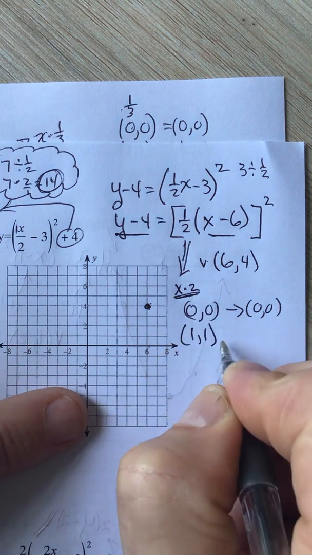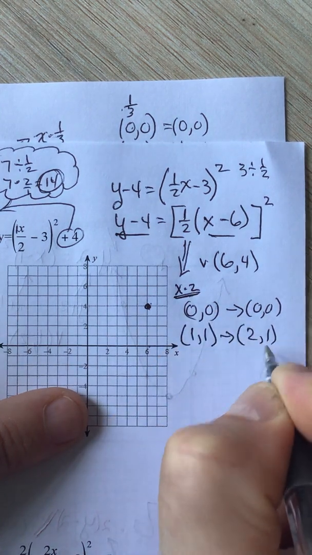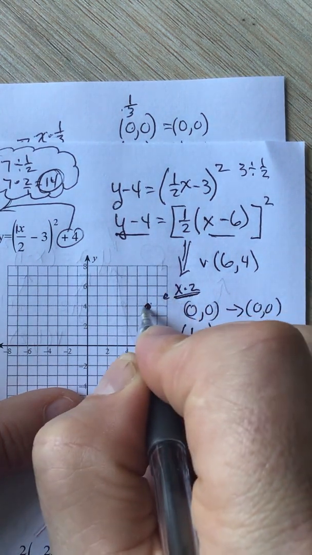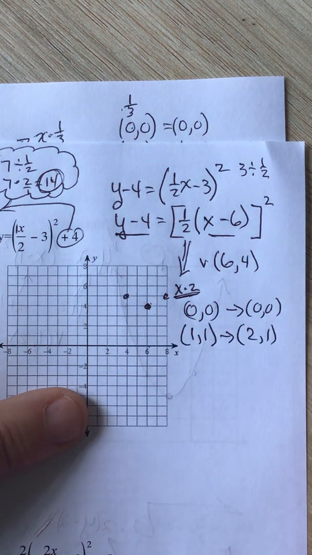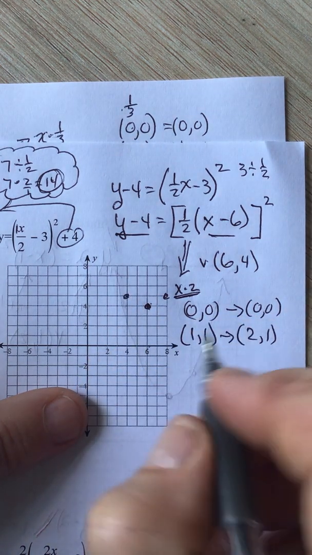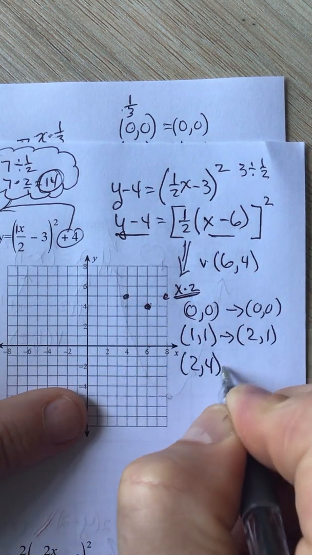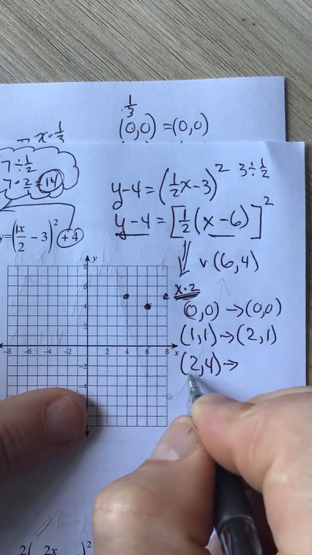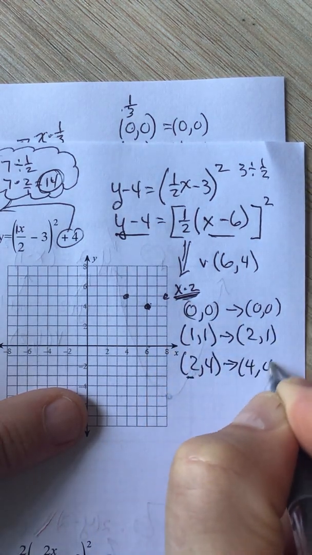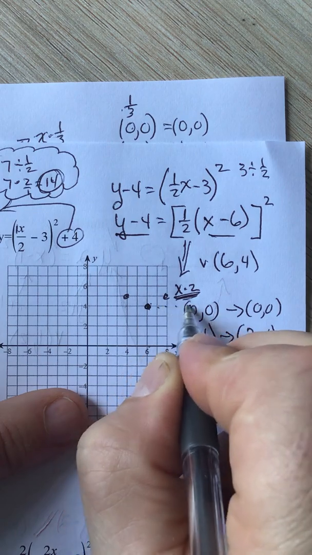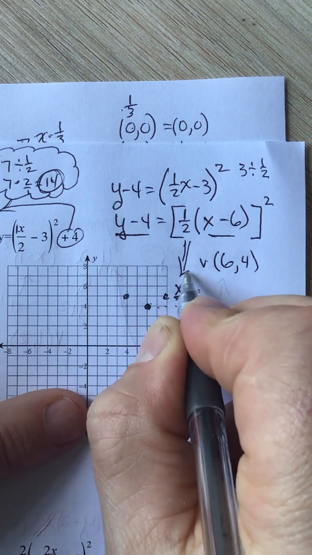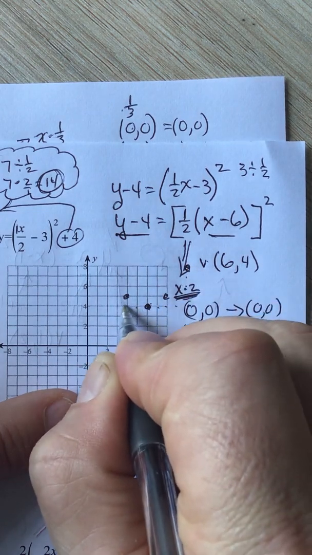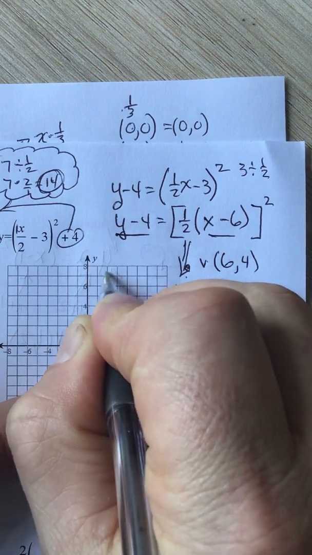But the x is getting doubled, so I'm going to go 2, 1. 1, 2, 1, and 1, 2, 1. Then the next one would be 2, 4, but the x gets doubled. So doubling the x makes it 4, 4. So I'm going to go 1, 2, 3, 4, 1, 2, 3, 4, and 1, 2, 3, 4, 1, 2, 3, 4.